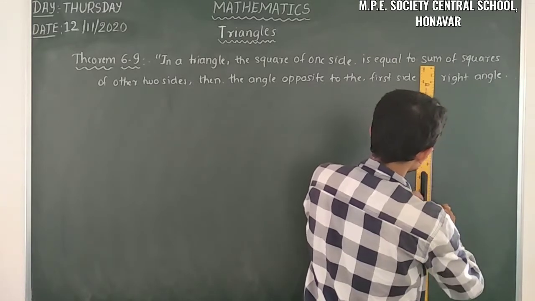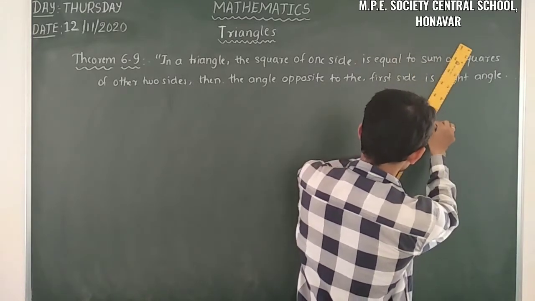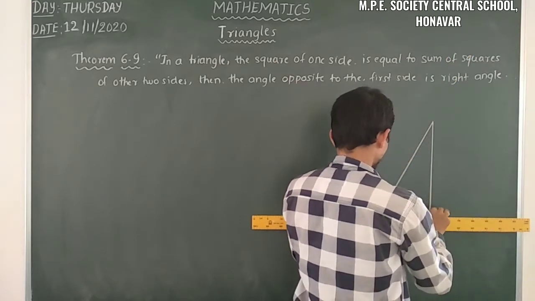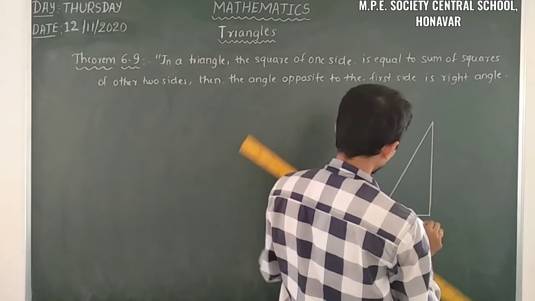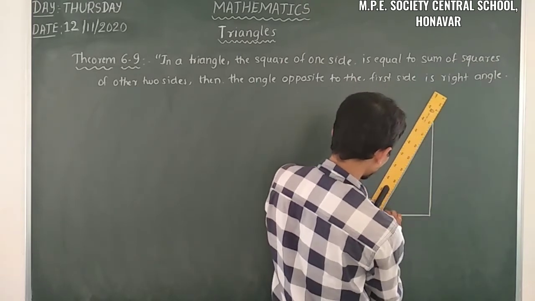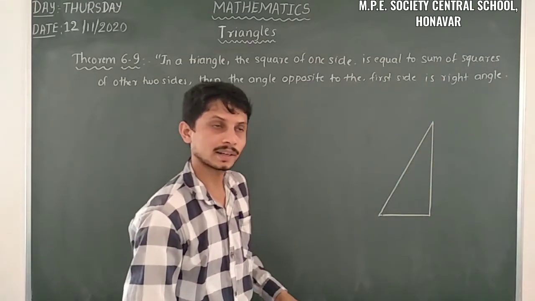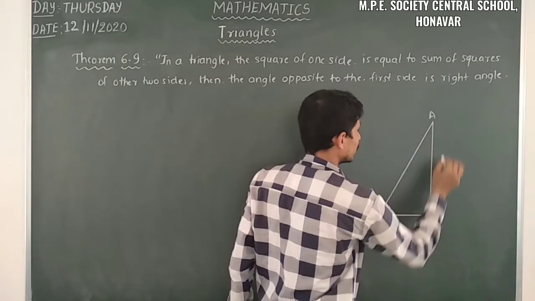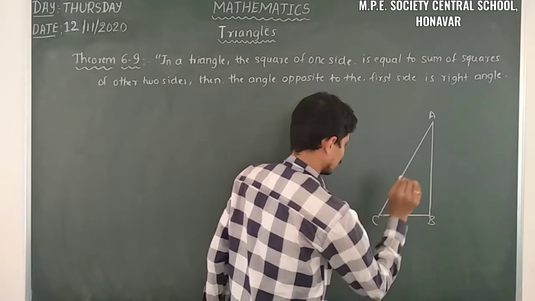It's a triangle looking like a right angle triangle, but it is not a right angle triangle. I will take this as A, B, C.